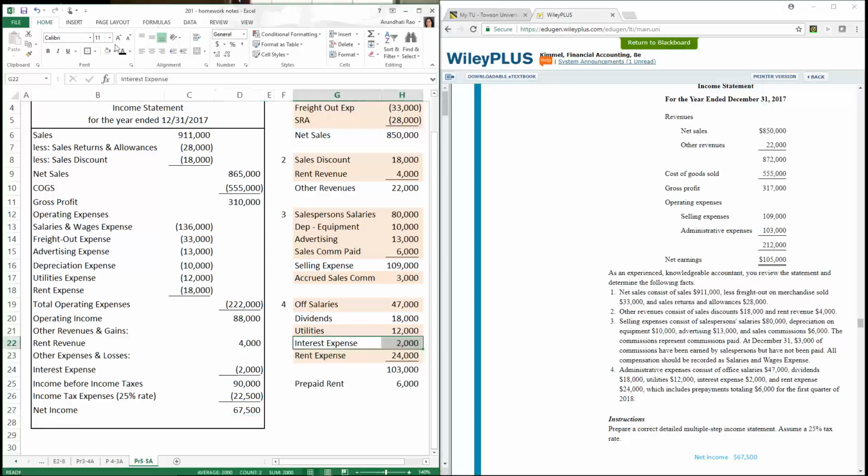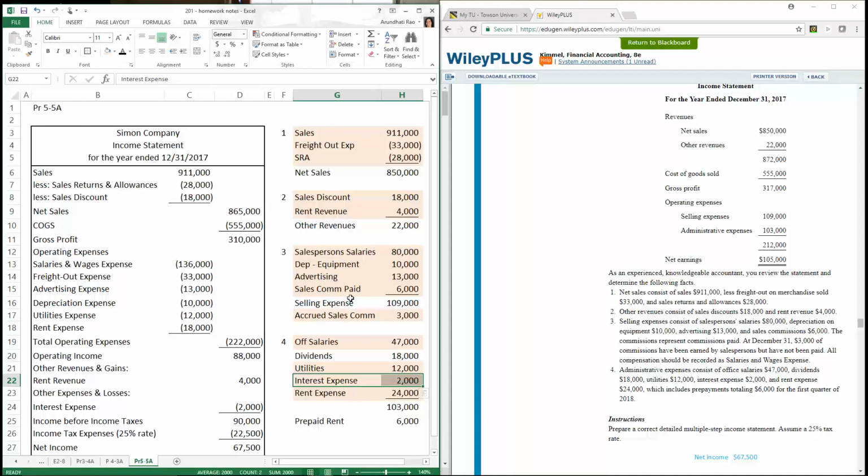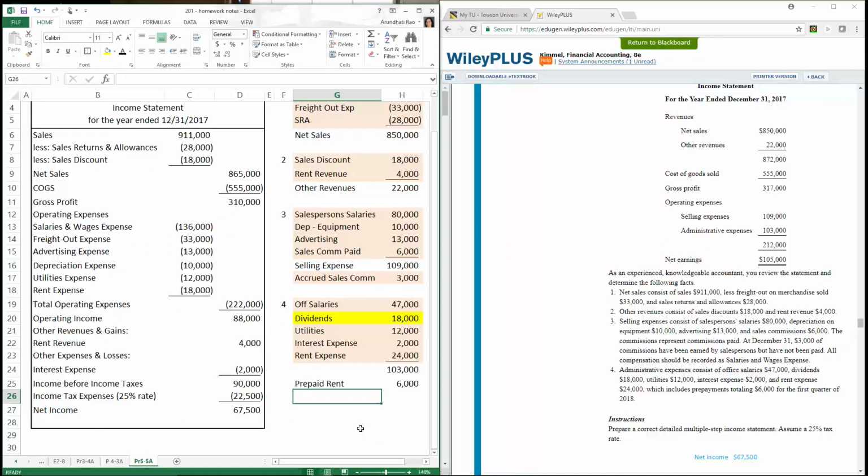Let's highlight this one because we took care of it. So what's the only thing we have not taken care of? The only thing we did not take care of, I'm going to put it in a different color so we can see it, is dividends. And why not? Why did we ignore dividends? Well, the reason we ignore dividends is that they are not a part of the income statement. That goes into the statement of retained earnings.